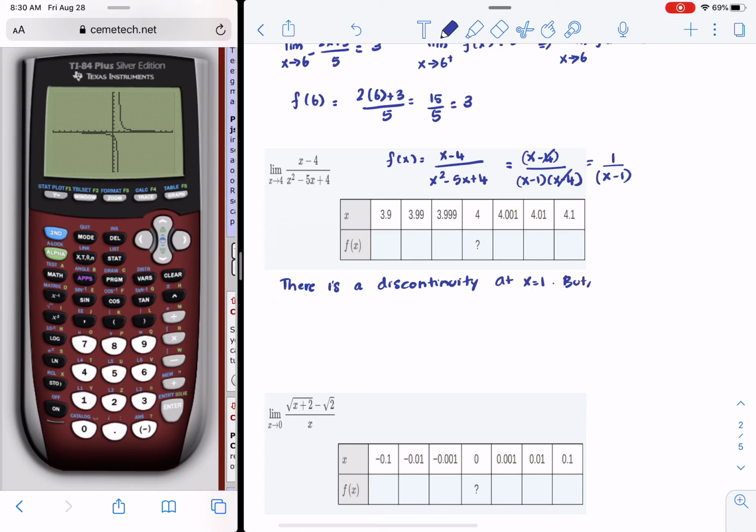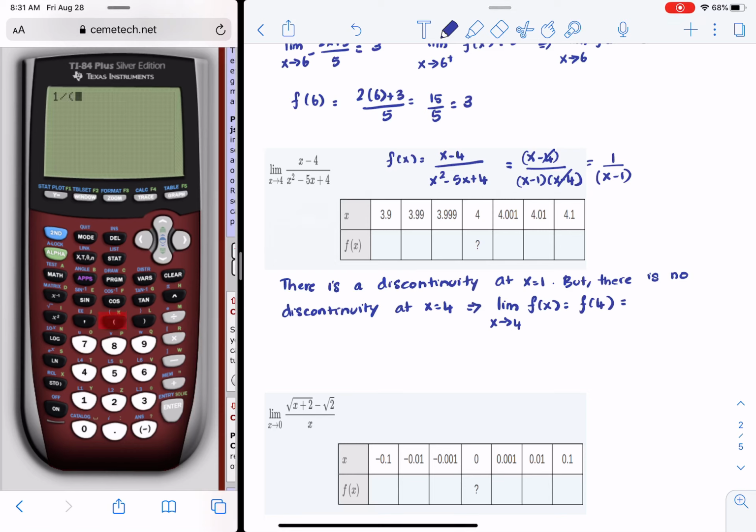But there is no discontinuity at x is equal to 4. So since there is no discontinuity at x is equal to 4, this would mean the limit x approaches 4, f of x would simply equal f of 4. I plug in the function, I have 1 divided by 4 minus 1. It's 1/3.